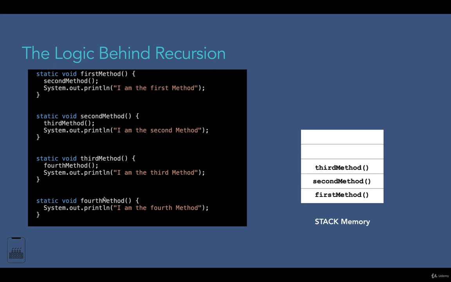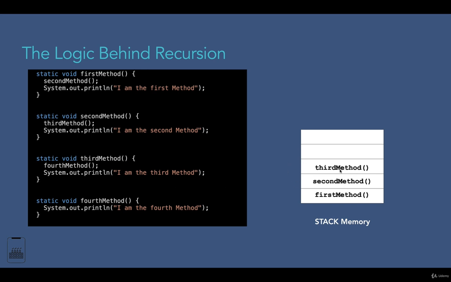After finishing the execution of the fourth method, how does the system know that it needs to execute the third method? As mentioned, it will take it from the stack memory. You might wonder how the system remembers that the next method should be the third method, not the second method. It remembers from the stack memory because the stack works on last in, first out.